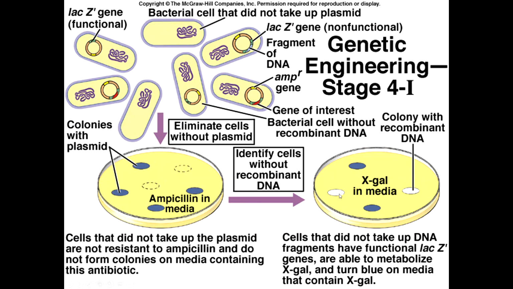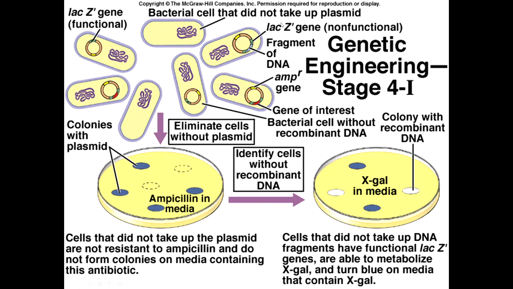So any of the ones that don't turn blue are the colonies with recombinant DNA. Those that do turn blue do not have recombinant DNA because their LAC-Z gene is still functioning. So again, to conclude, cells that did not take up DNA fragments have a functional LAC-Z gene and are able to metabolize the X-gal and turn blue. So now we know which cells actually have recombinant DNA.